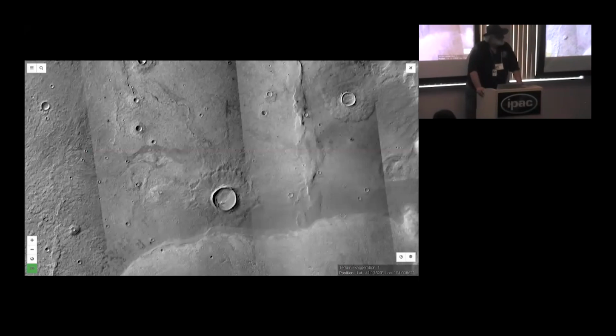Any more questions from Zoom or internal? Every crater must have its own story. How do you choose which ones to focus on? There are different themes that we will use.